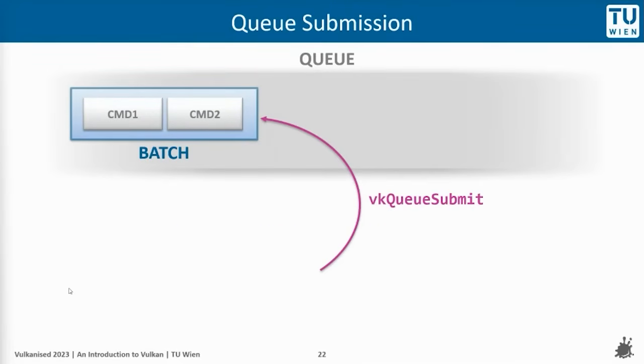And the correct term to refer to this thing that we sent to the queue for submission, for execution, is a batch. So multiple command buffers sent to a queue is a batch. It will be relevant later when we talk about synchronization. So just that you get the right term, a batch. We submit a batch to the queue.